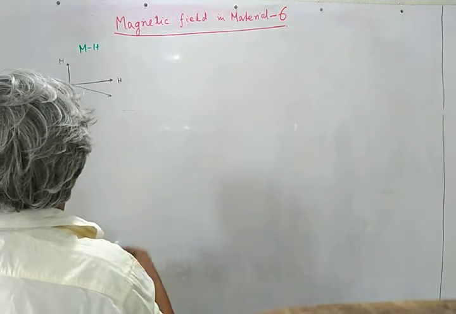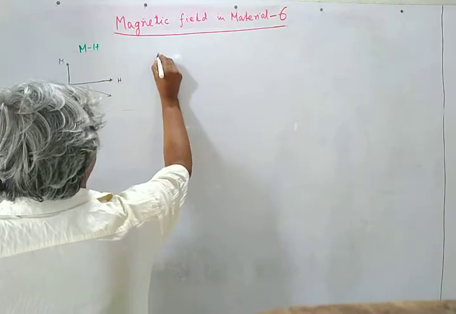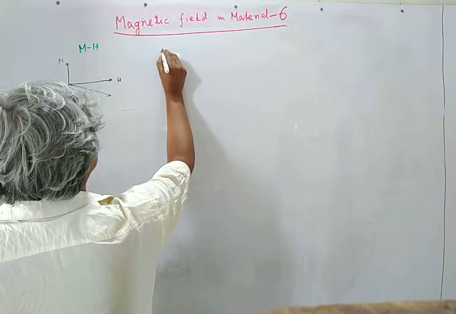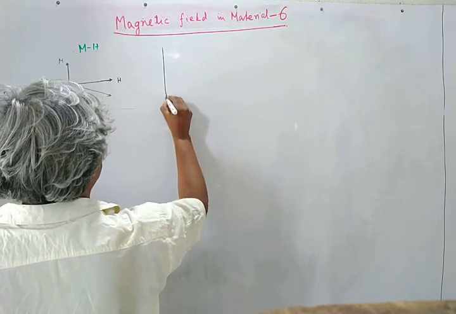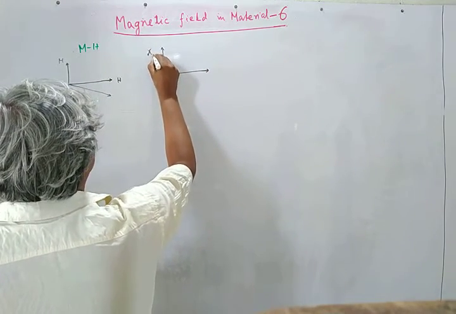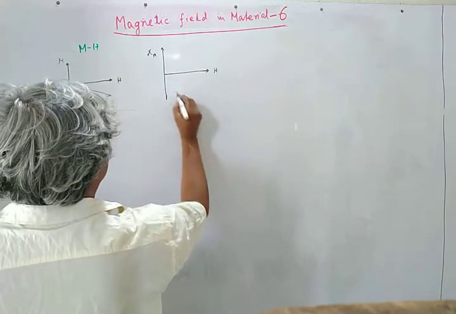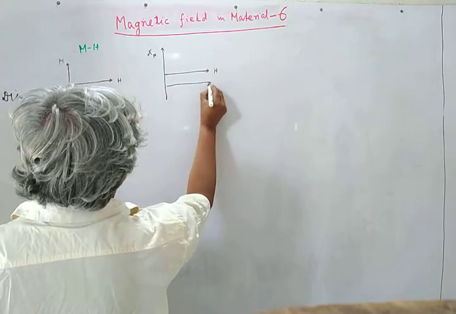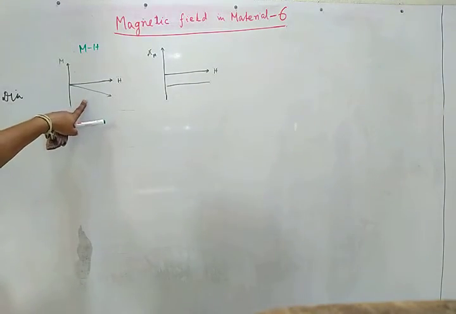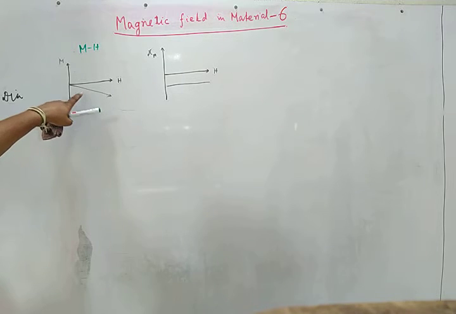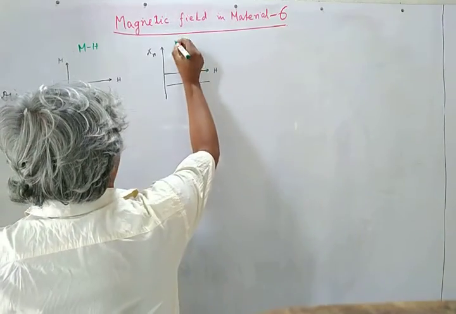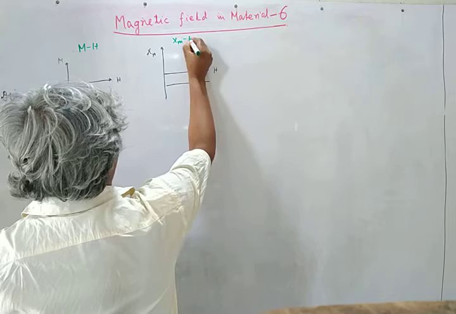Then I come to the susceptibility curve, susceptibility as a function of H. It is found that the susceptibility is negative and it is a constant, because the MH graph being a straight line, its slope is constant, and since it is in the fourth quadrant, the slope is negative. So this is the chi-H graph.